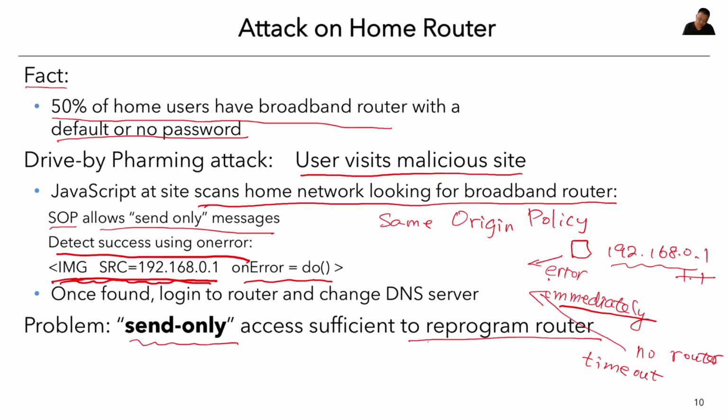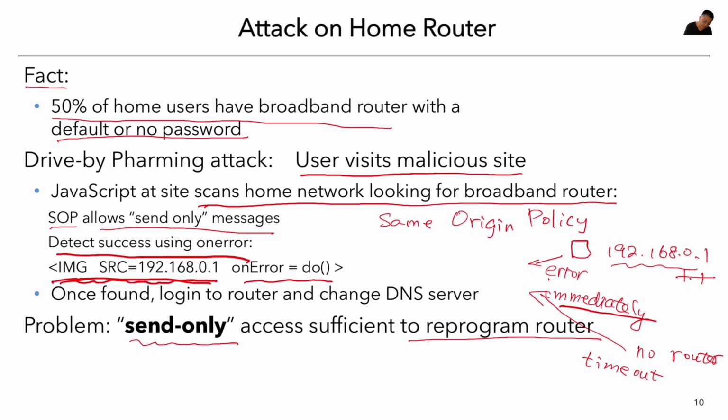By using this kind of timing difference, you can tell whether 192.168.0.1 is vulnerable or not, or even whether it exists or not.